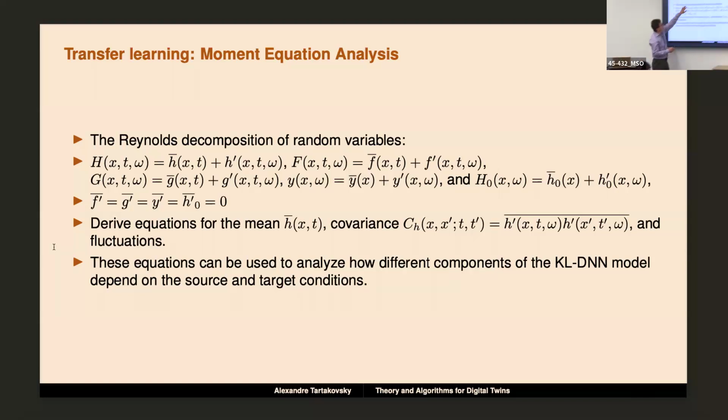We use Reynolds decomposition to decompose all our stochastic processes as their mean plus fluctuations. And these fluctuations, of course, have zero mean.